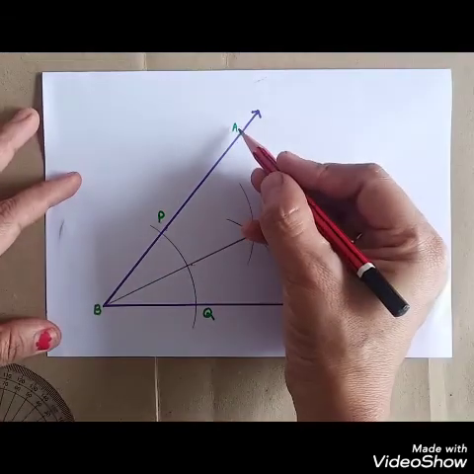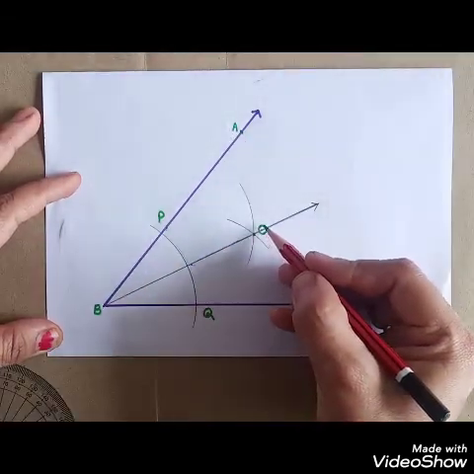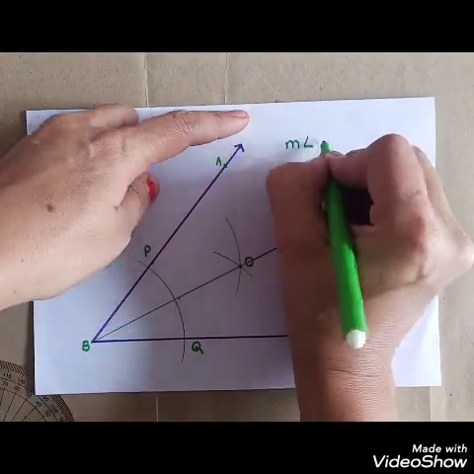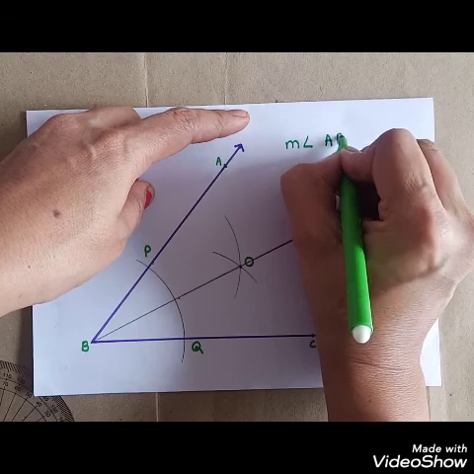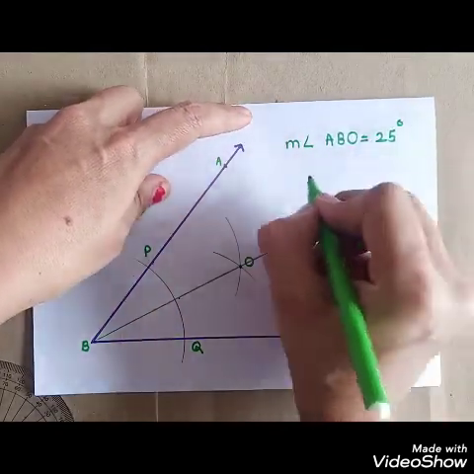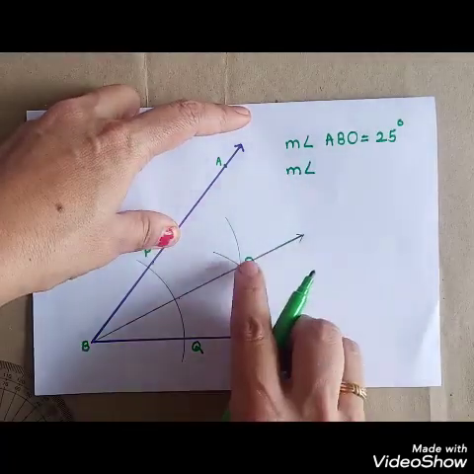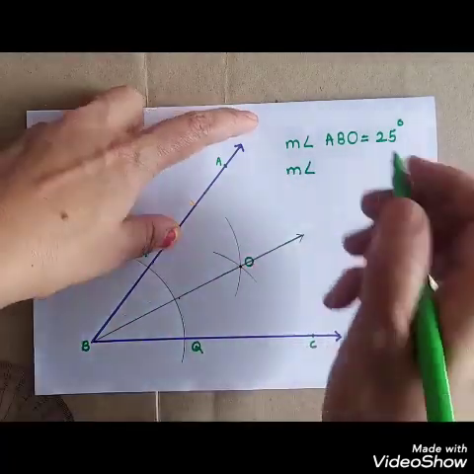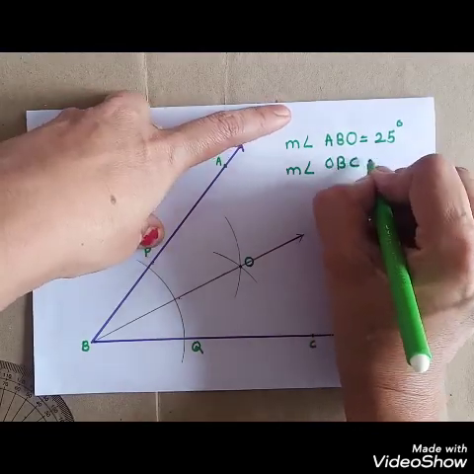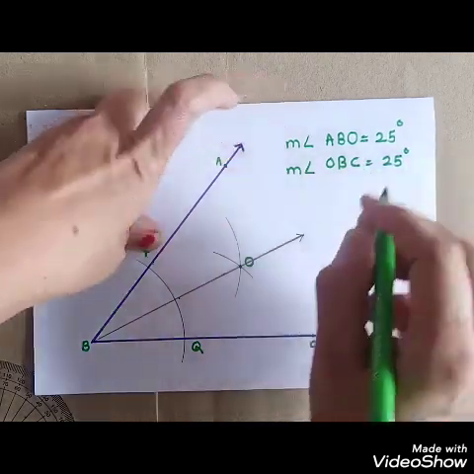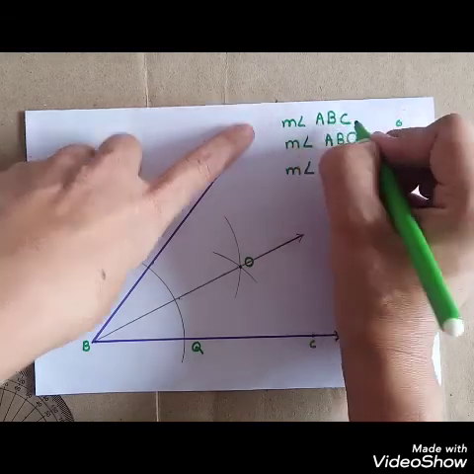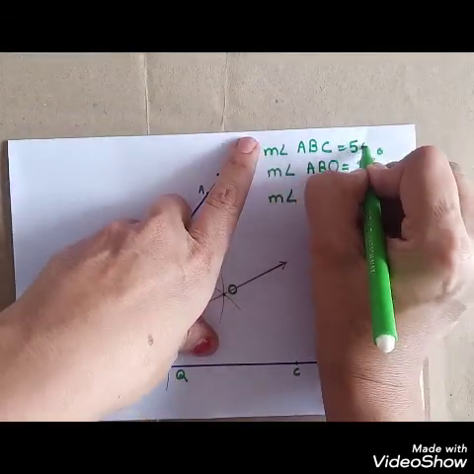So the measure of angle ABO is equal to 25 degree, and measure of angle OBC is equal to 25 degree, and the measure of angle ABC is equal to 50 degree.